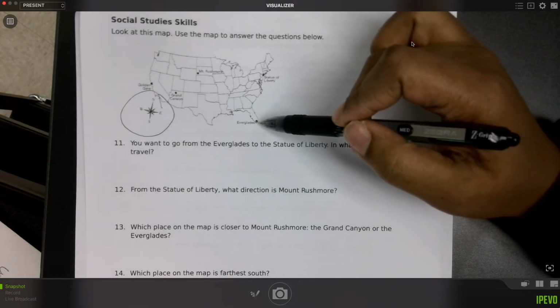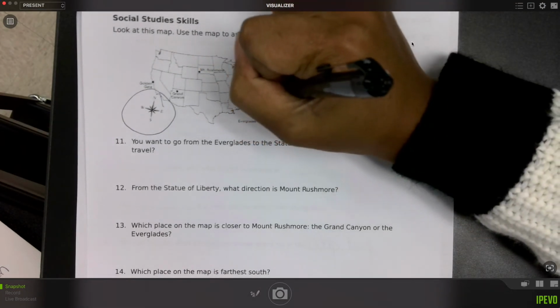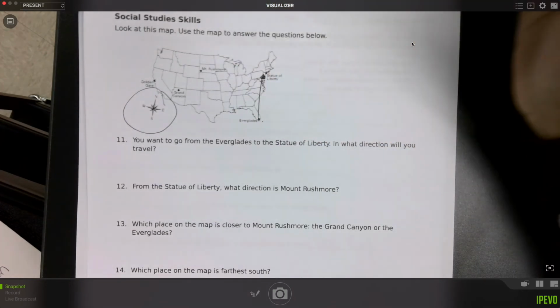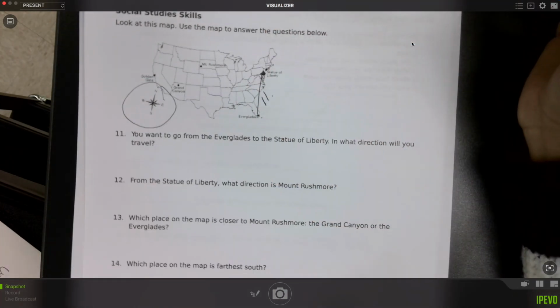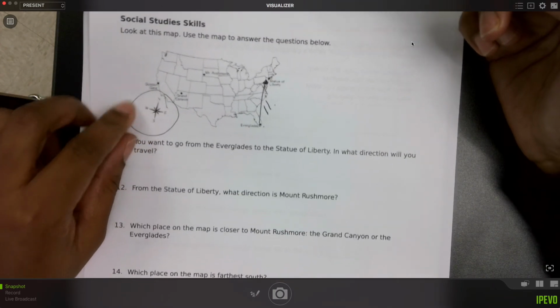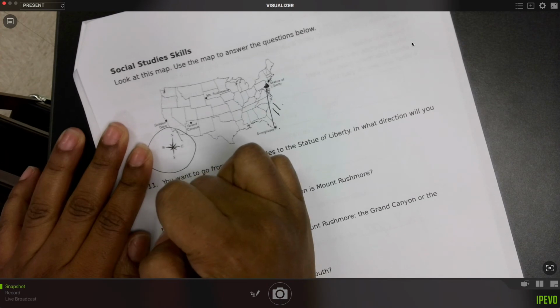Well, I see the Everglades is here, and I see the Statue of Liberty is here. Let's just draw arrows pointing in the direction that we're going to go. I'll make a number 11 right here so you guys know that's 11. But if I'm going up and you look at your cardinal directions, going up in that direction is north. So we will be going north.